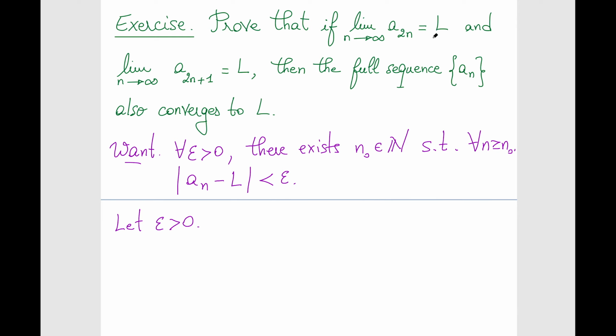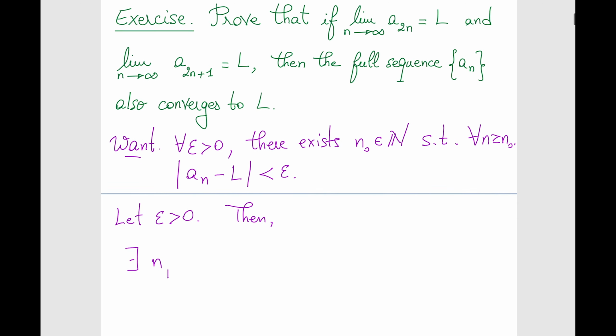We know that the limit of the even ranked terms of the sequence a_n is L. So there must exist, remember this notation for exist, some rank, maybe n1, a natural number, such that for any rank after this, the term whose rank is 2n in the sequence a_n is inside the ball centered at L and of radius epsilon. Correct? You agree with me? Okay.